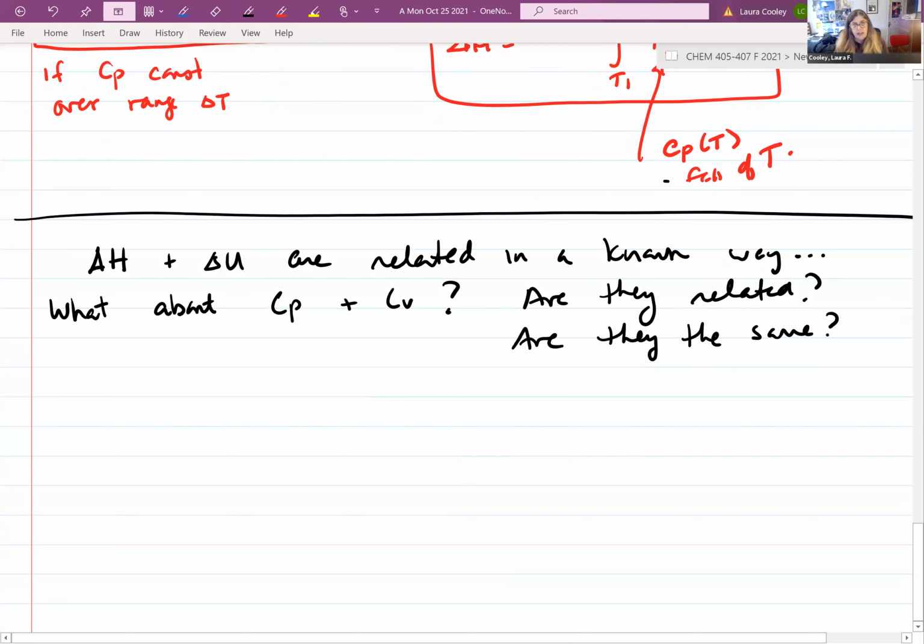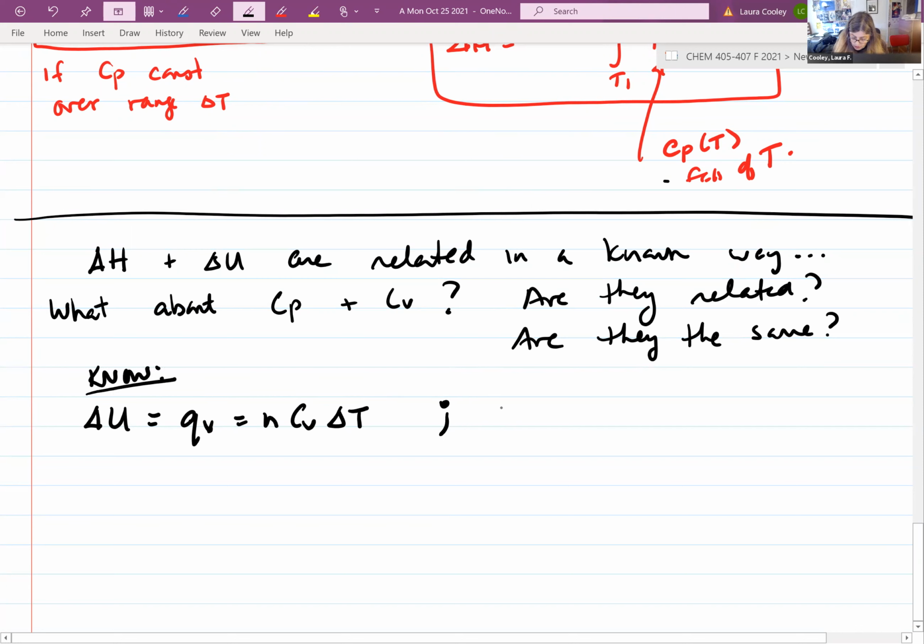So that's kind of what I'd like to address next. Okay, so we know that delta U is the heat that flows at constant volume, which is nCV delta T. I'm assuming CV is constant. So these are known.